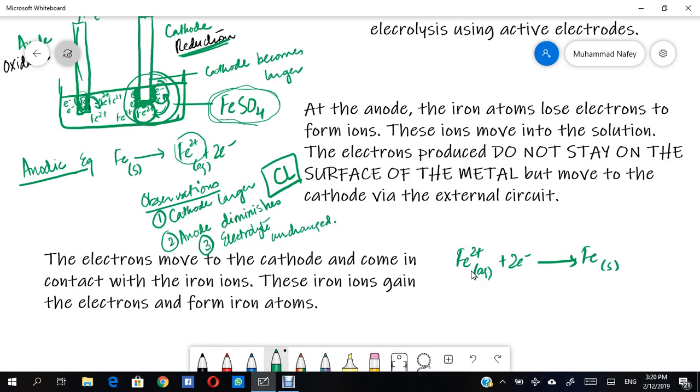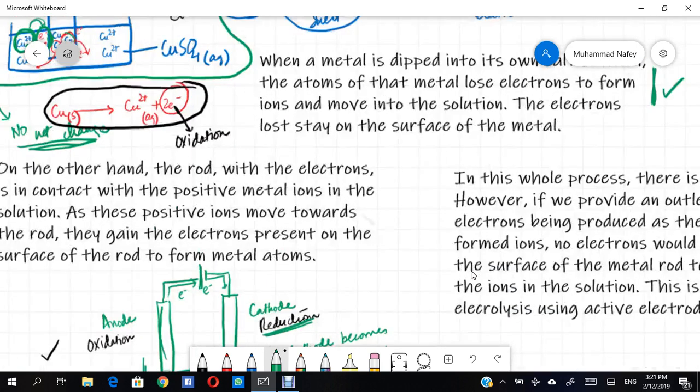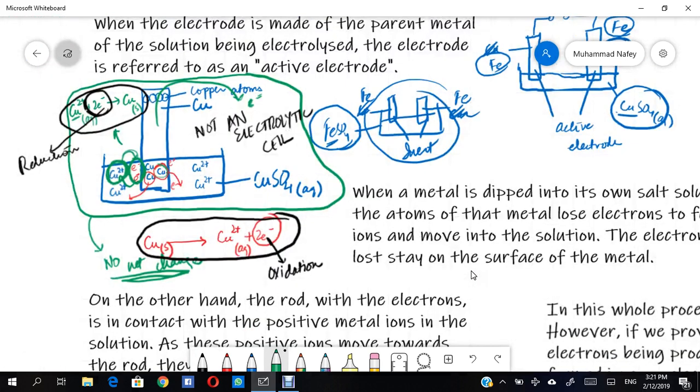That's all for electrolysis using active electrodes. Now let's review everything again. The first thing that I told you was that when we dip a metal into its own salt solution, two reactions basically take place. This is the first reaction. We dipped a copper rod into a solution of copper sulfate.